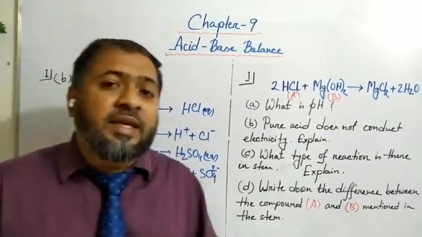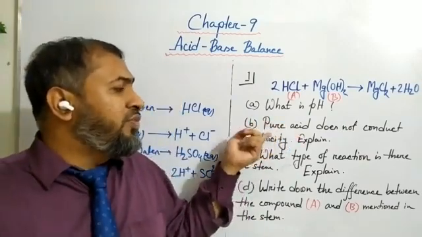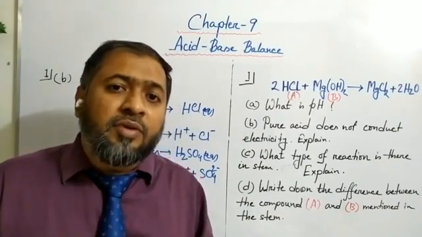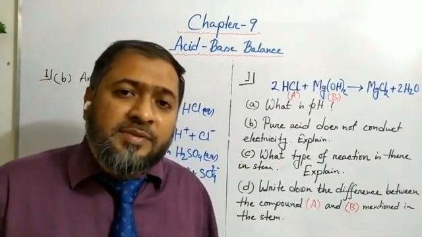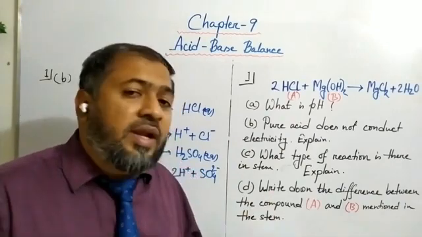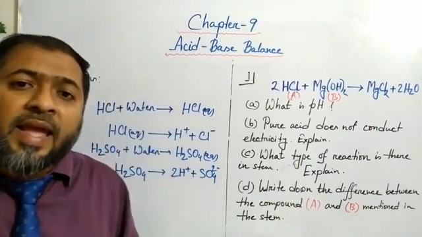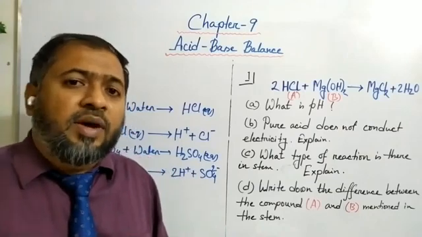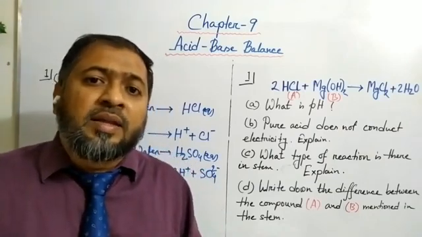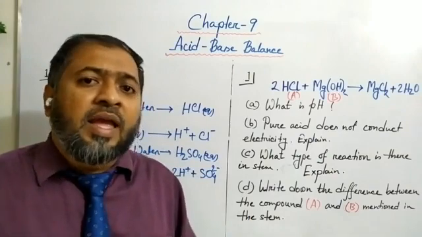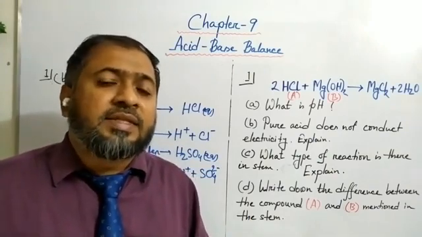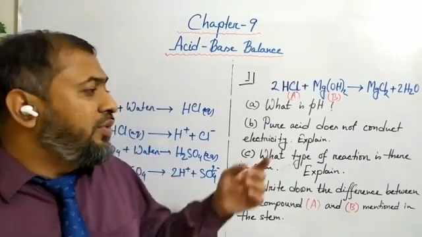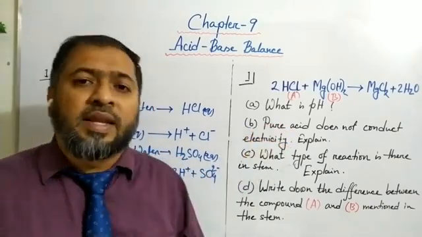So when acid is in pure form, its molecules remain intact. Therefore, due to the absence of ions, acid cannot conduct electricity. However, when we add water to acid, the solution prepared has free ions, and due to their presence, it can conduct electricity. So that's the reason pure acid does not conduct electricity.